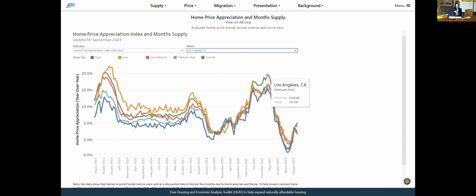The Fed then, after driving home prices up with zero interest policies and quantitative easing, starts raising short-term rates, which then flow to long-term rates, and starts quantitative tightening. And we see that house price appreciation plummets. It actually becomes negative in March of 2023.